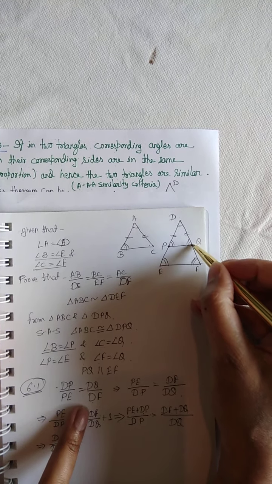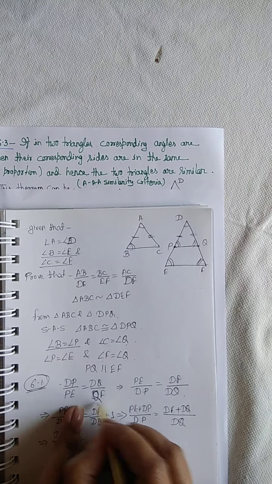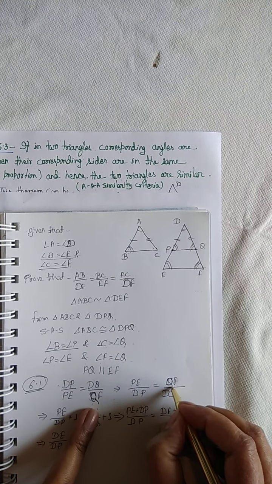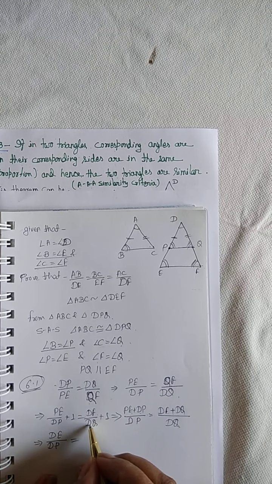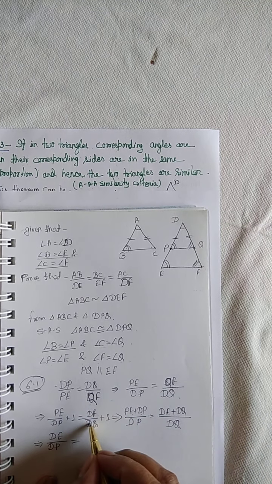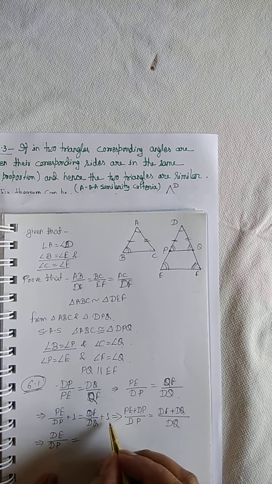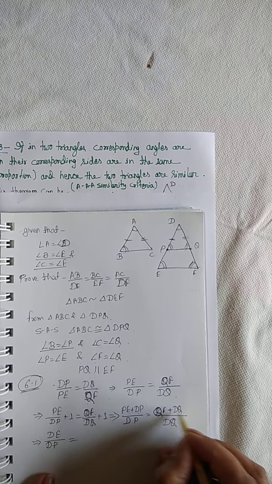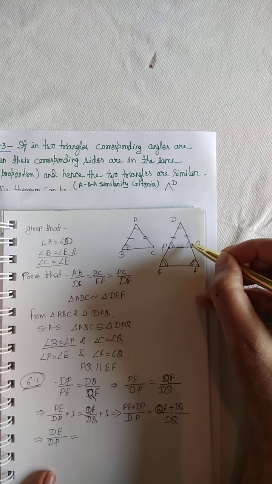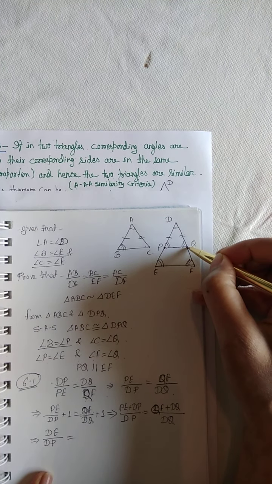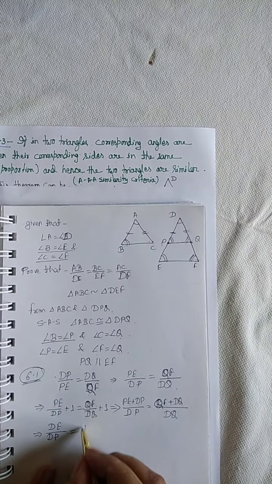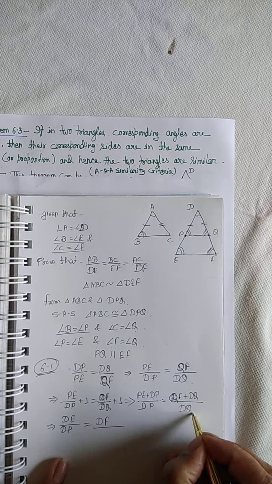It should be QF here, not DF, so here also QF, DQ, QF, and QF plus DQ. So QF plus DQ equals DF. So DF by DQ.